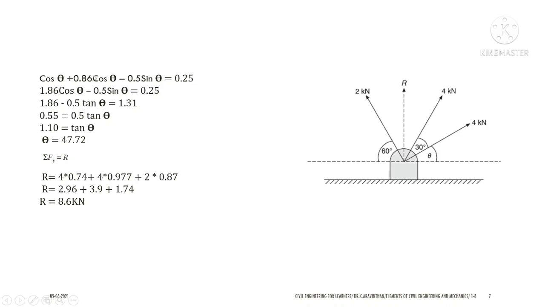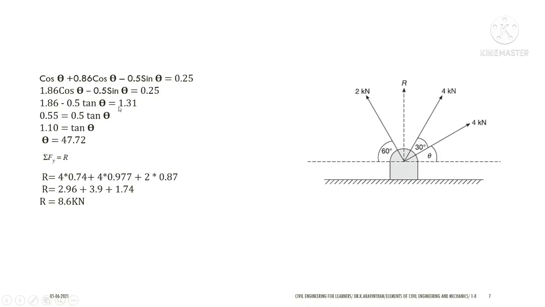Next you can add these components, that is you can take it as 1.86 cos theta minus 0.5 sin theta, and further you can divide all the components by cos theta. If I divide this whole equation by cos theta, cos by cos will get cancelled and sin by cos will become tan theta, and cos inverse of 0.25 will be 1.31. This will be in terms of radians. So you can get cos inverse in terms of degrees or radians.